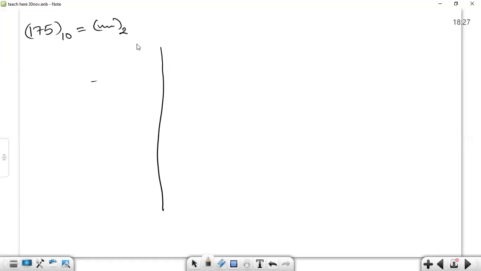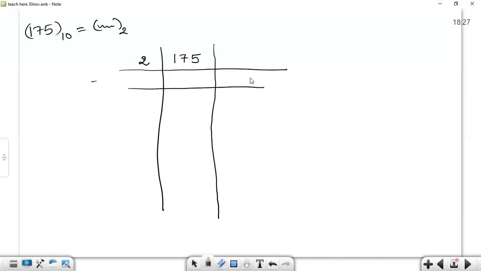So we will write 175 like this, and in this technique we are drawing one more line, so be aware. First of all, we have to divide it all the time by 2, but it's not getting divided evenly. So we will write 1 here.